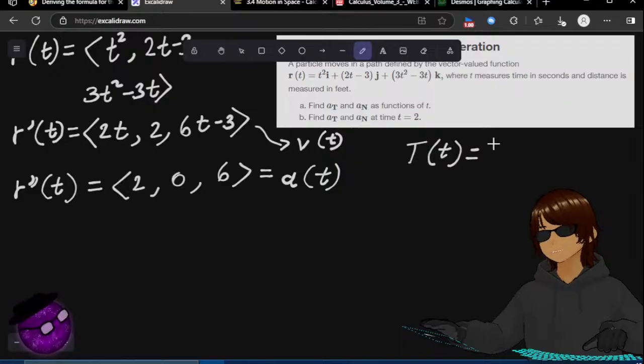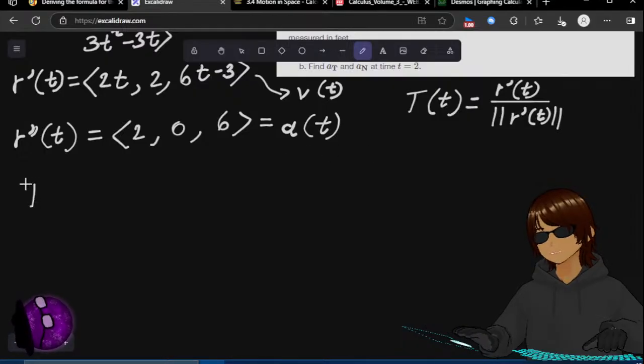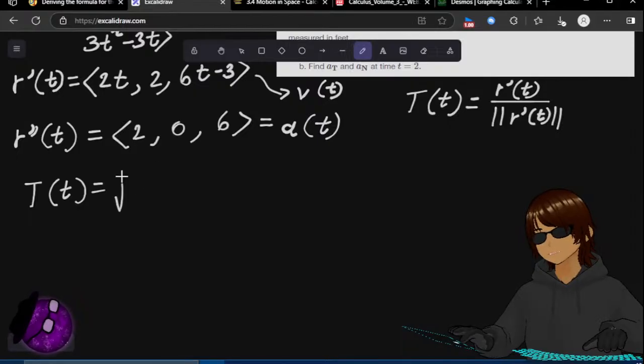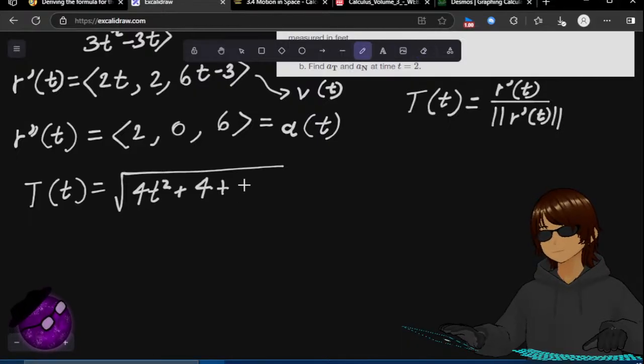So yeah, this divided by this. Let's see. 4t squared plus 4, plus 6t minus 3 squared. Okay, yeah. This times this.